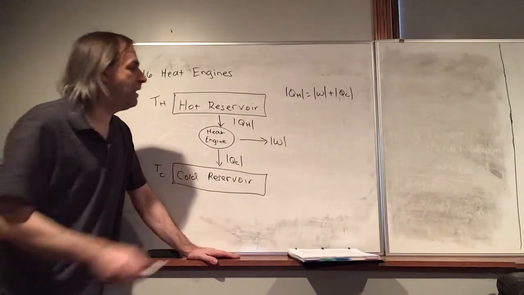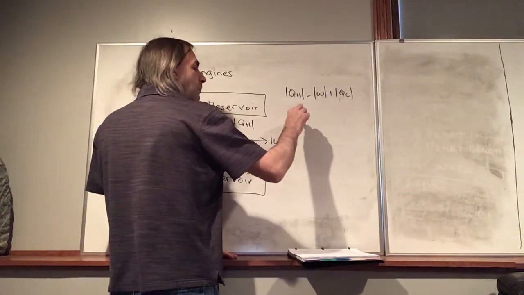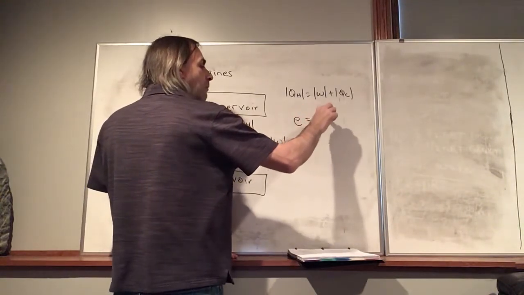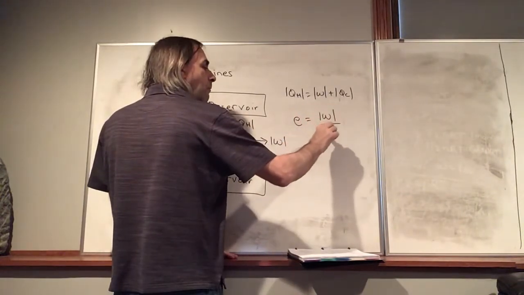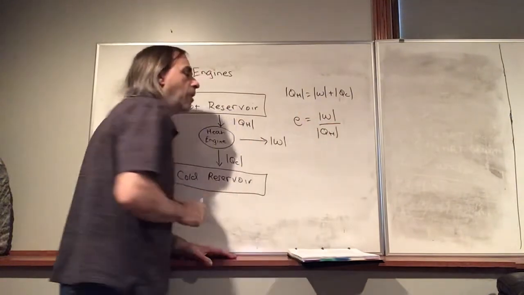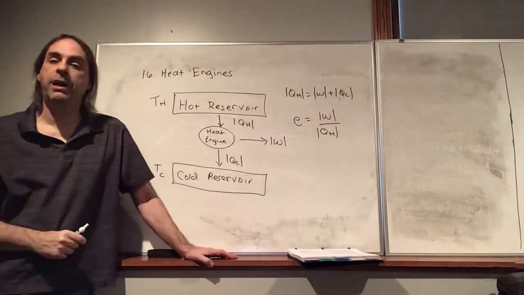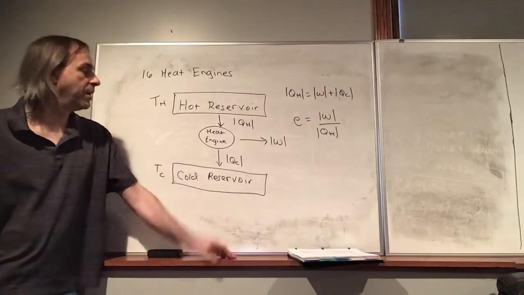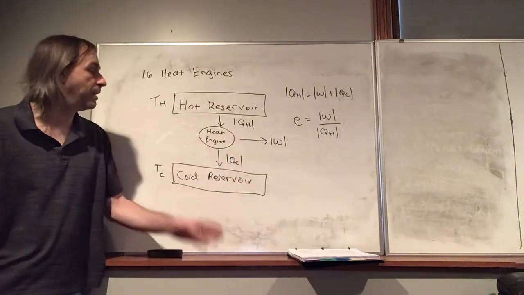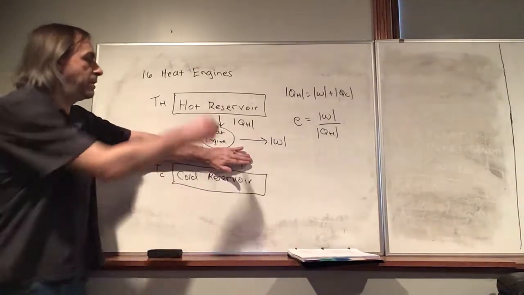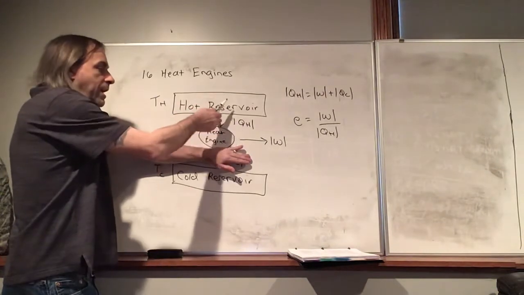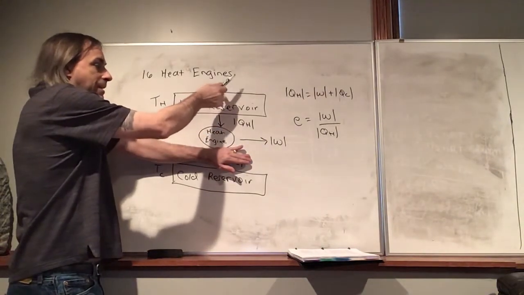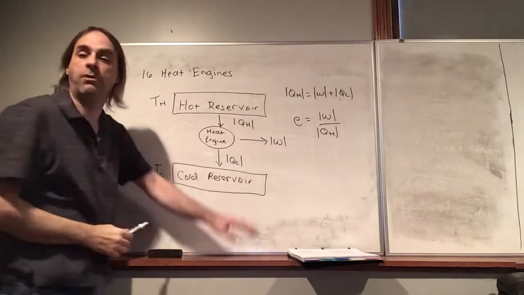So we're going to find the efficiency. So think about it. W is what we get out of it, and QH is what we put into it. And QC is basically just wasted. It would be nice if we could just erase this. Just have a heat engine take heat out of a hot reservoir and turn it directly into work.